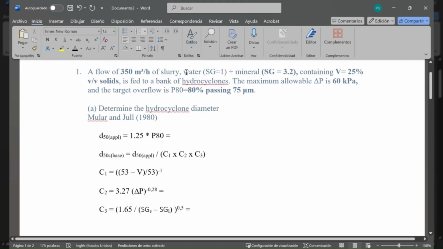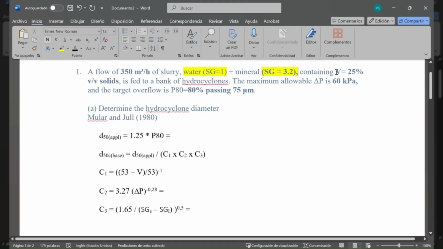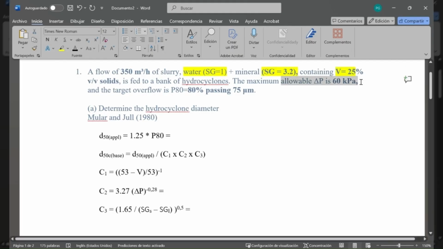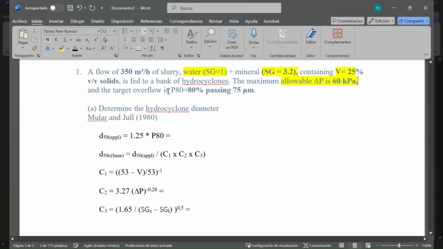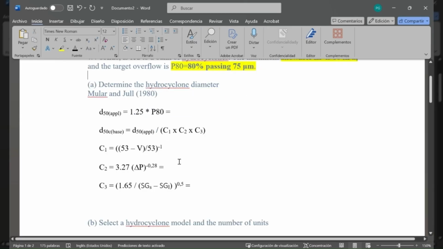I'm just going to highlight the data that we have to use: the percentage of volume, the pressure drop, and the P80. Now we can start replacing these parameters in the formula in order to calculate everything else.